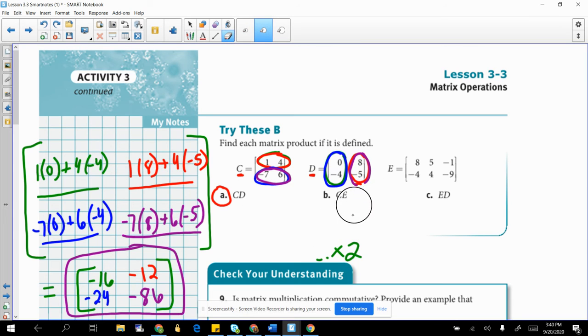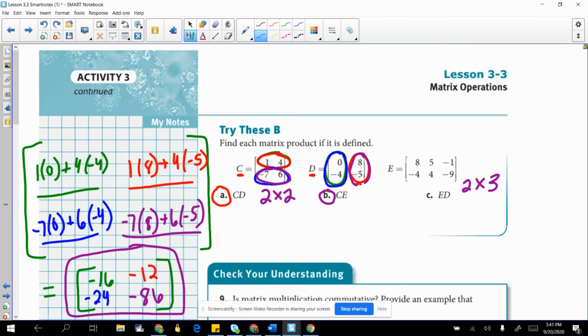Okay, but you guys are going to do part B, which is asking you to do C times E. All right, so C is a 2 by 2, and E is a 2 by 3. So look at that. The inside numbers match up, so you'd be able to do this one. And your final answer should be a 2 by 3.